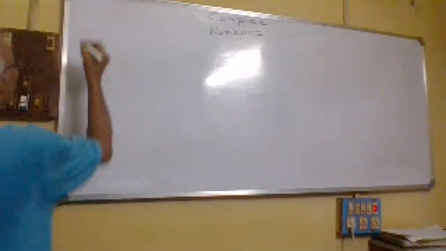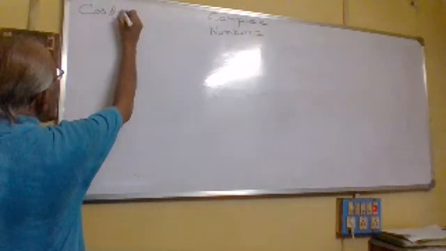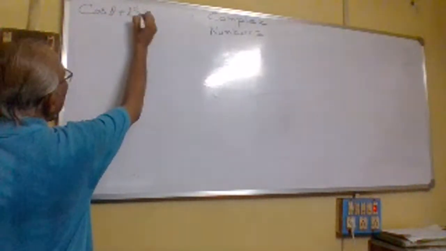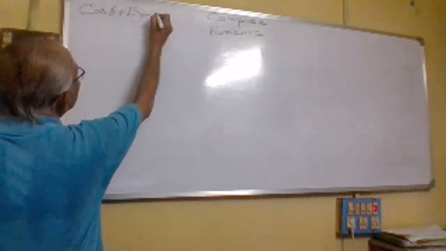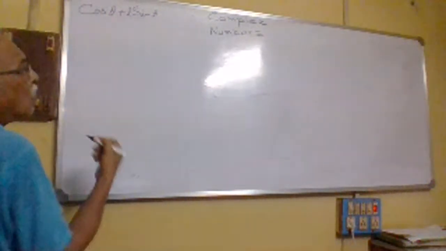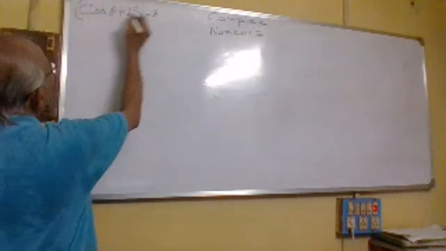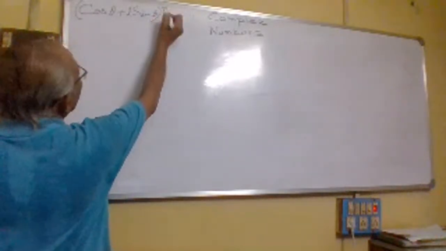De Moivre's theorem says cos theta plus I sin theta, as I expressed, this is a form of complex number, expressing a complex number whole to the power n.